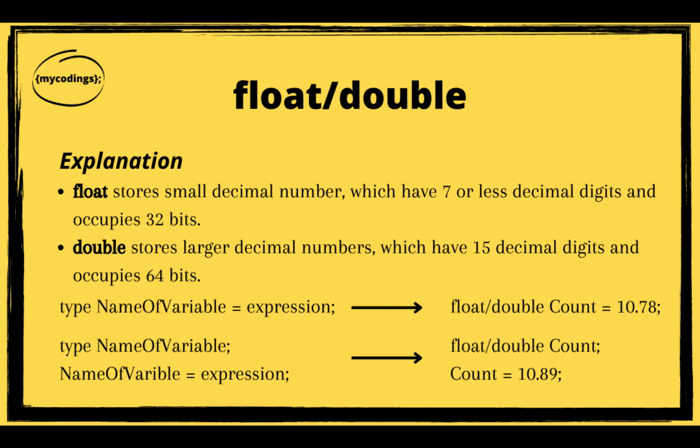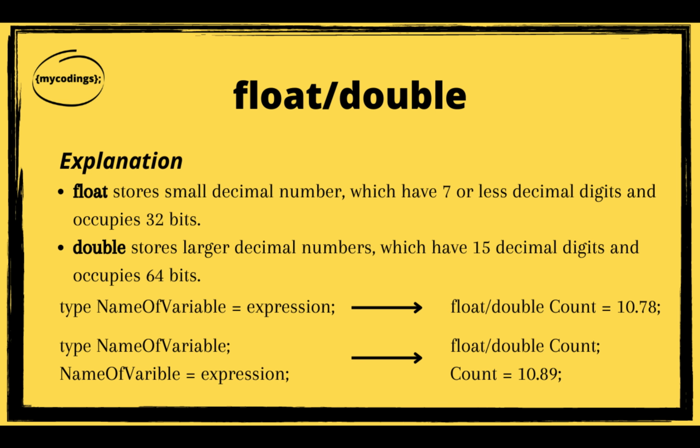Meanwhile double stores larger numbers. So it depends. If you are making small programs for your assignments or college, then float would work, or it really depends. You need to look at the program to see whether float or double suits you. It's quite easy to implement this.